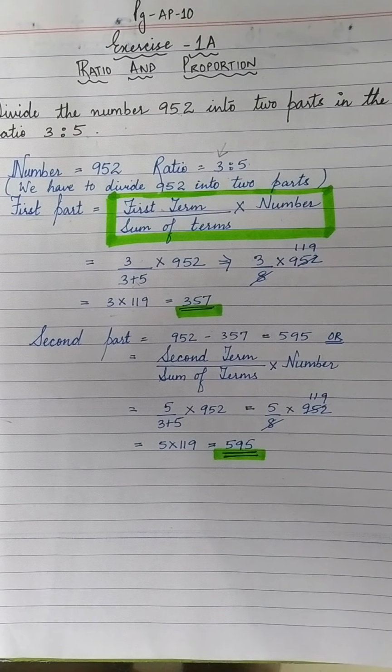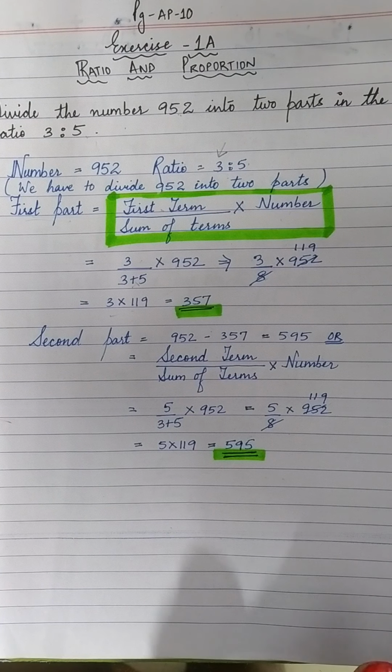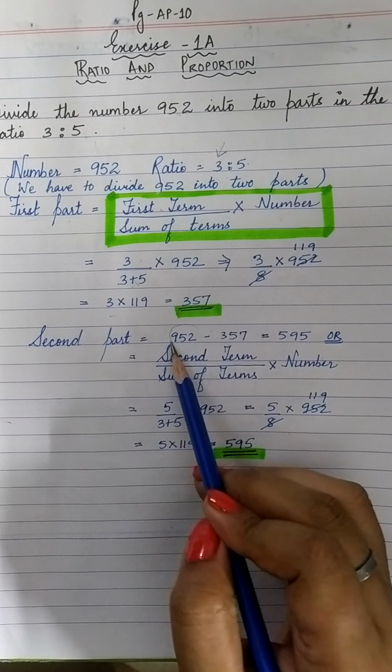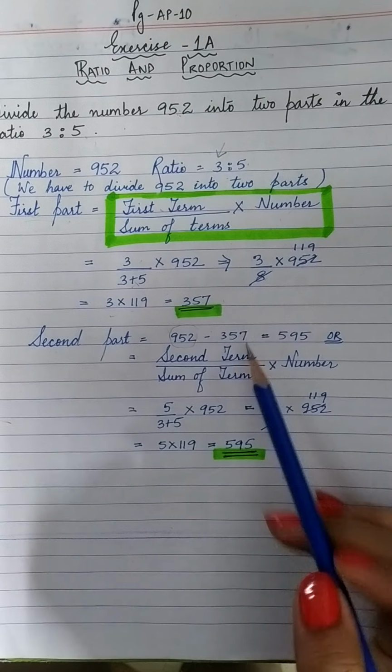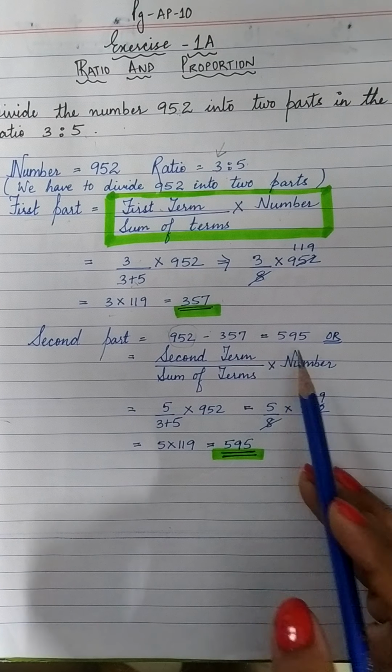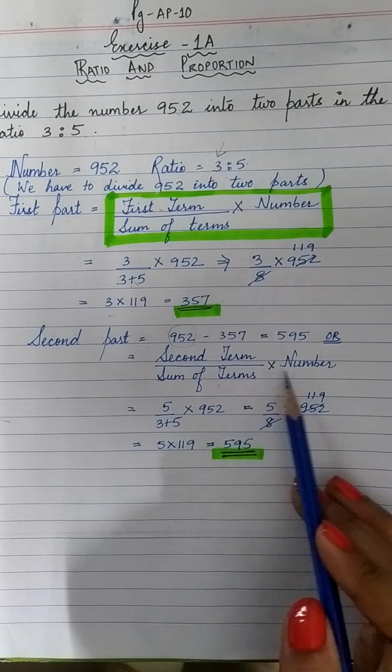Children, after finding the first term, there are two different ways in which you can find out the second term. Either you will subtract the first term from the given number so that you can get the second term, or you will use the formula, second term upon the sum of terms into number.